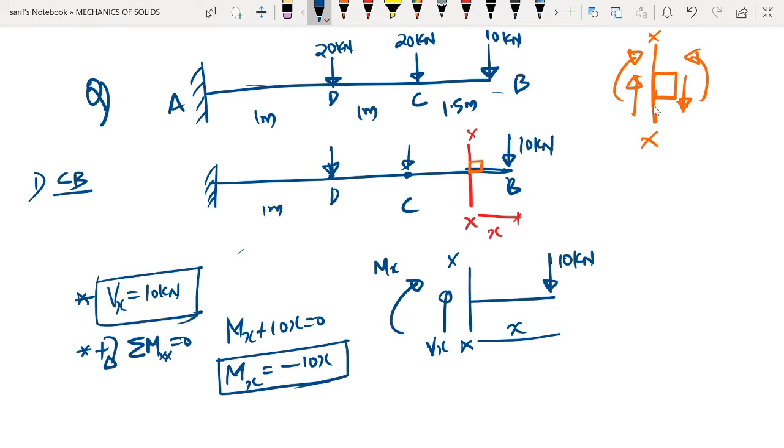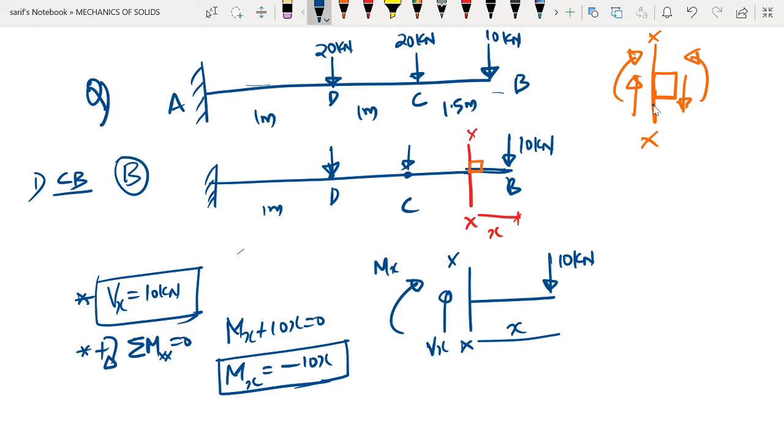Now here again, as we know, we have taken a variable x and therefore the origin of the variable is important, and as you can see we have chosen the origin as B here. So that has to be kept in mind. Now let us go for the second region.